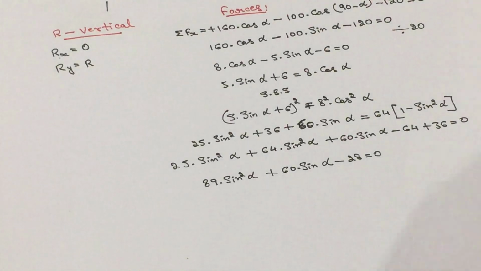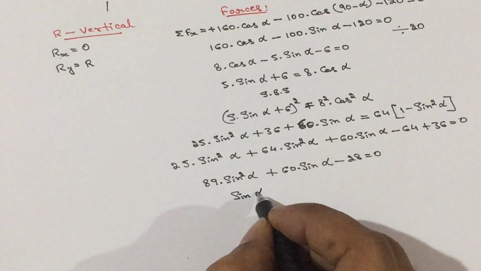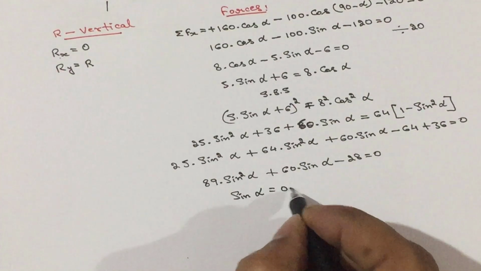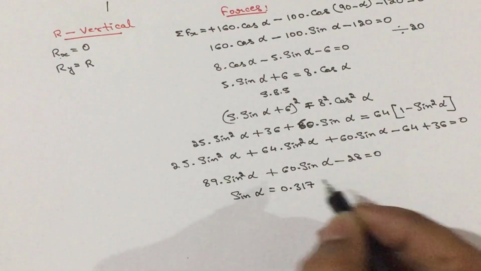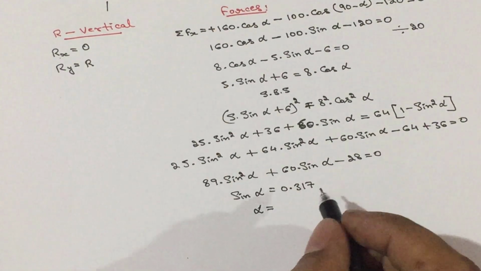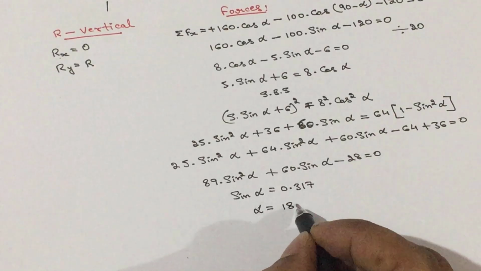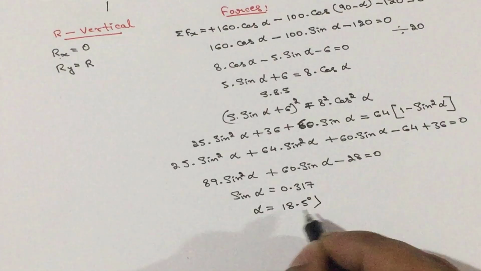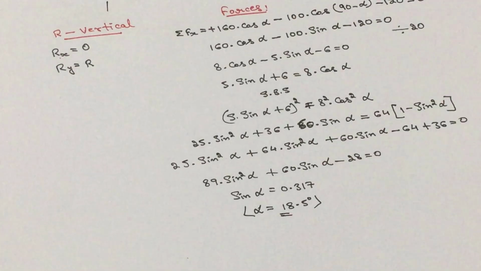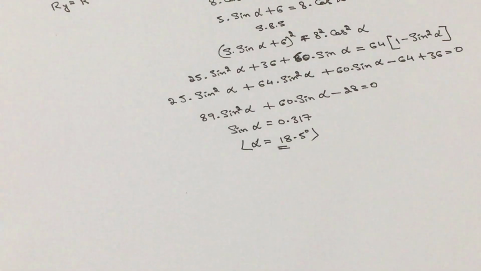You are going to get the x value, that is sine alpha, as 0.317. Therefore alpha is equal to sine inverse of 0.317, which is 18.5 degree. So once you get the alpha value, we have calculated the sigma Fx.